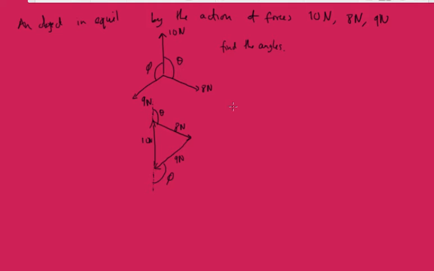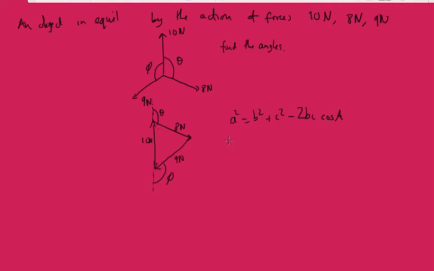The cosine rule, as previously stated, was a squared equals b squared plus c squared minus 2bc cosine A. So let's think about it first for this angle here.